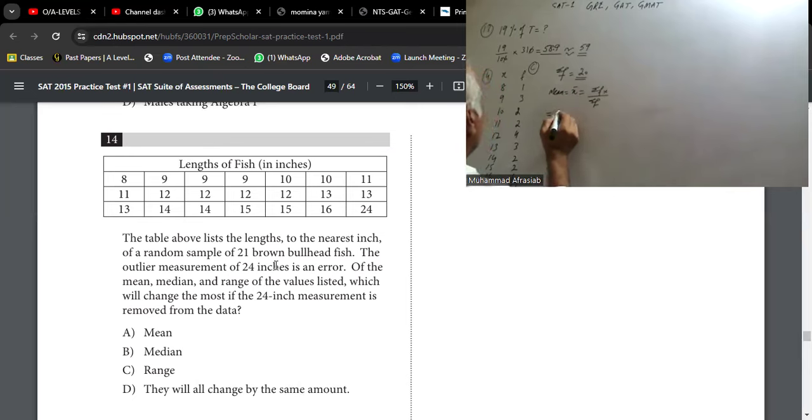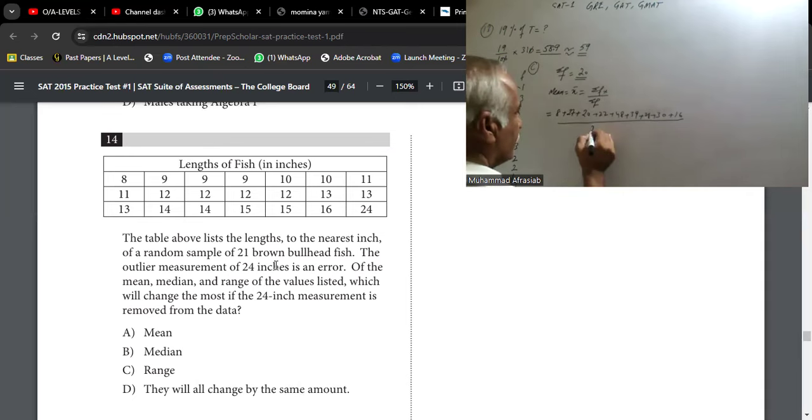So that should be equal to 8 into 1 is 8, 9 into 3 is 27, plus 10 into 2 is 20, plus 11 into 2 is 22, plus 12 into 4 is 48, plus 13 into 3 is 39, plus 14 into 2 is 28, plus 15 into 2 is 30, plus 16 into 1 is 16, divided by the total observations, that is 20.